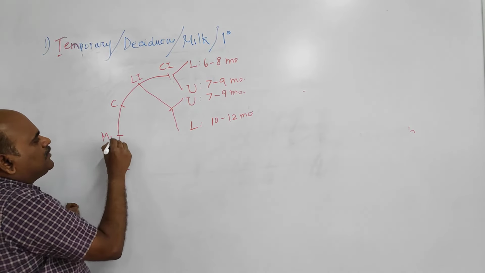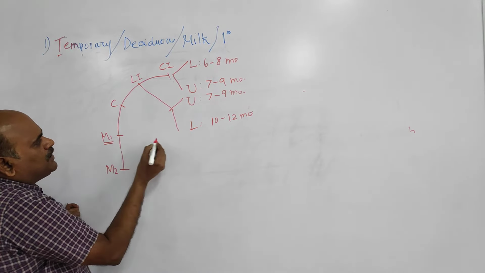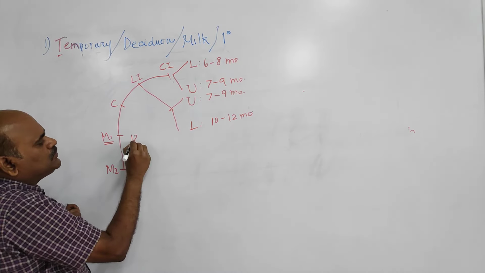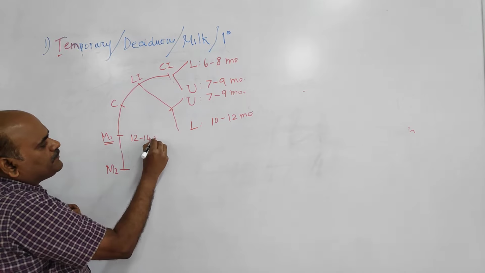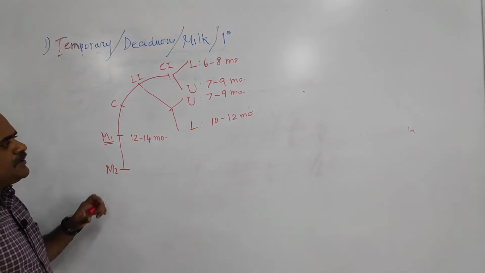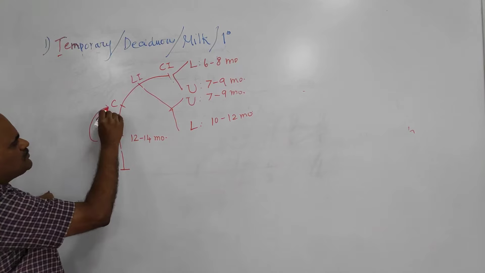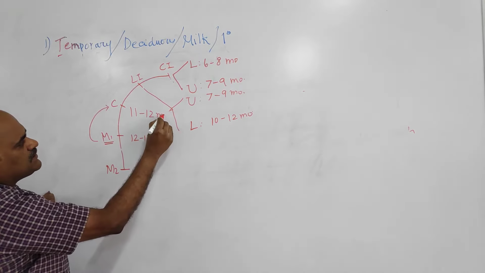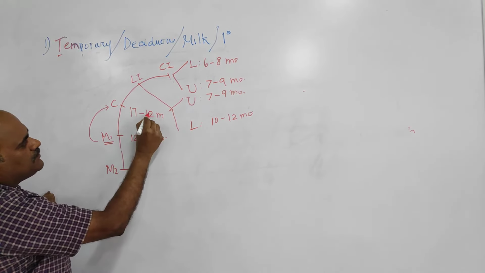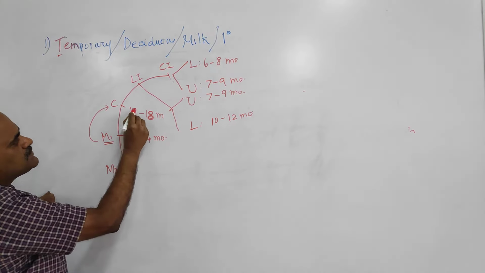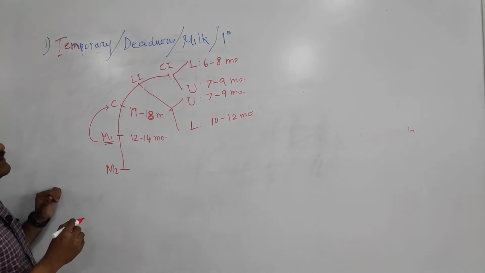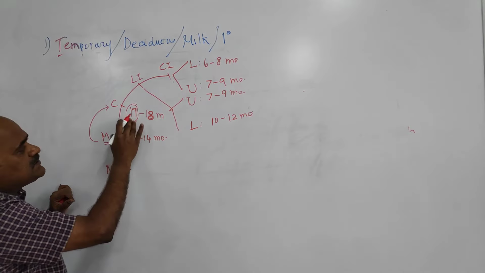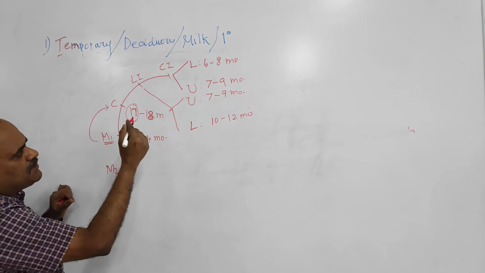Skip the canine, come to the first molar. The first molar erupts after these incisors, between 12 to 14 months. Then after the first molar we go to the canine, which erupts at 17 to 18 months, both in temporary as well as permanent state.